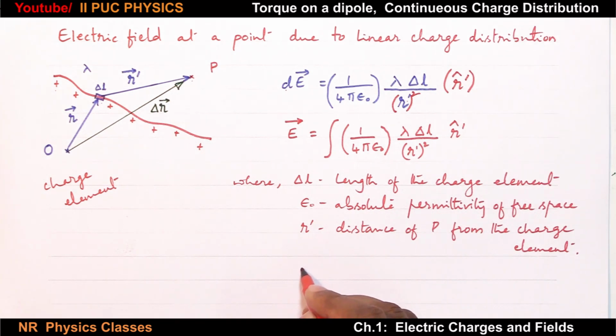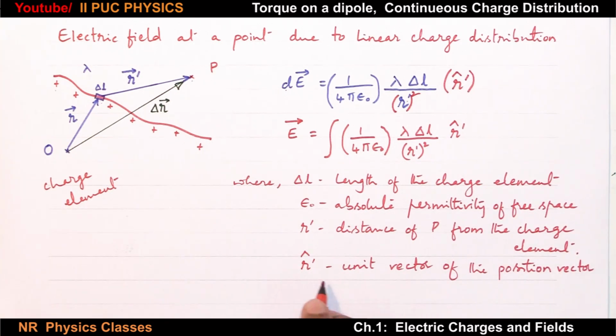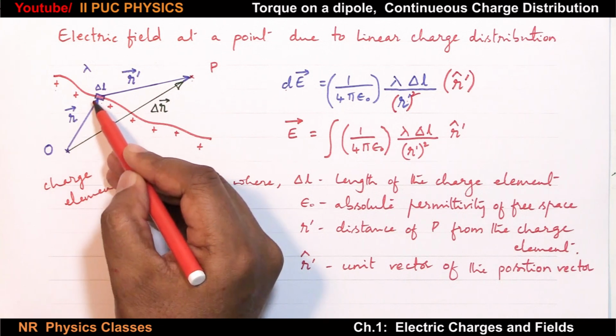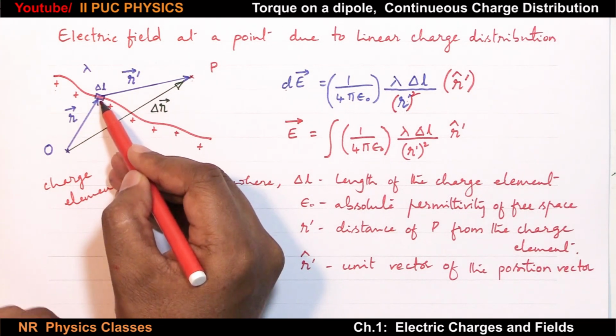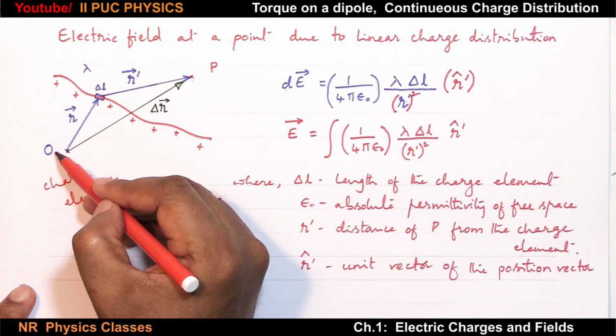And what is R dash cap? It is the unit vector of the position vector. Again, quickly, R is the position of delta L, the small length of the conductor, with respect to some origin.